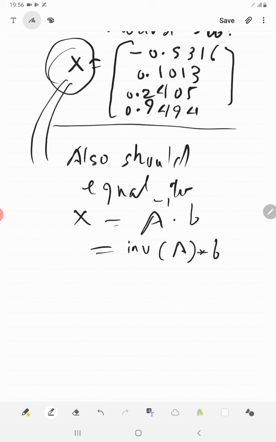So that's almost 0, only that element here is actually minus 0.111 times 10 to the minus 15. So that's okay, we are there.